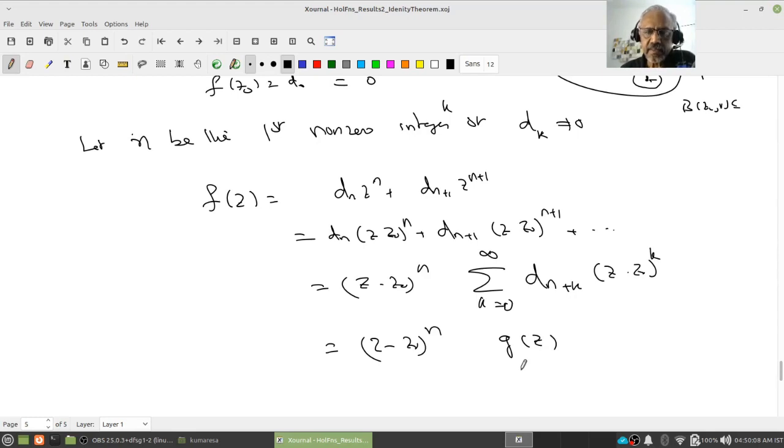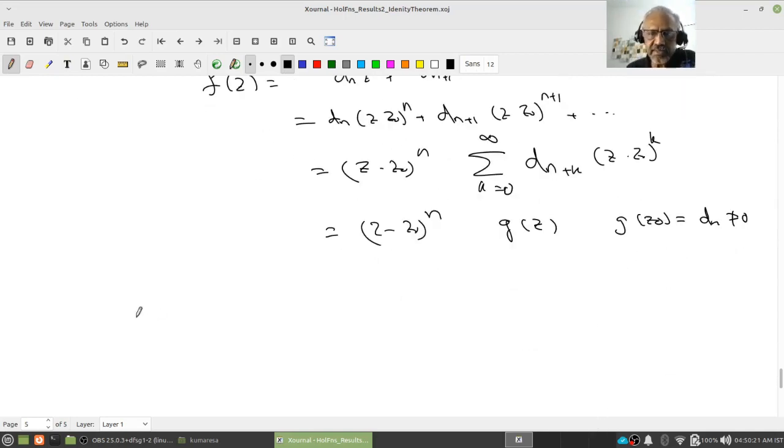So what is g of z naught? It is dn, and dn is non-zero. Now as I observed earlier, g is continuous, and g of z naught is dn, not equal to 0.